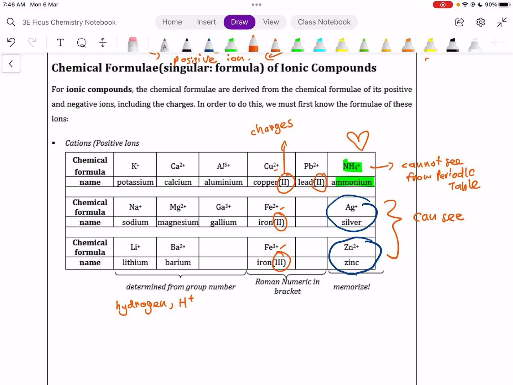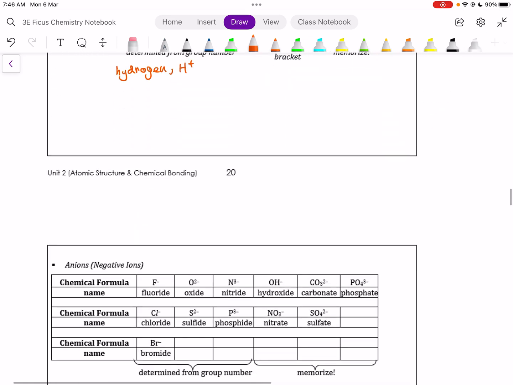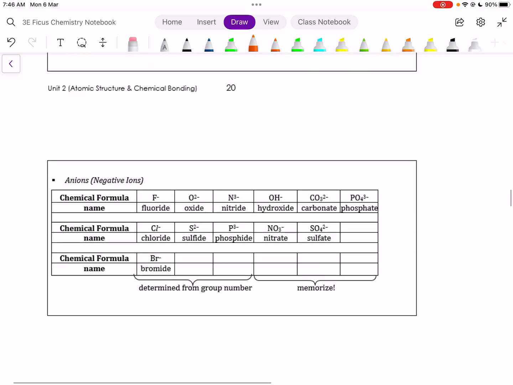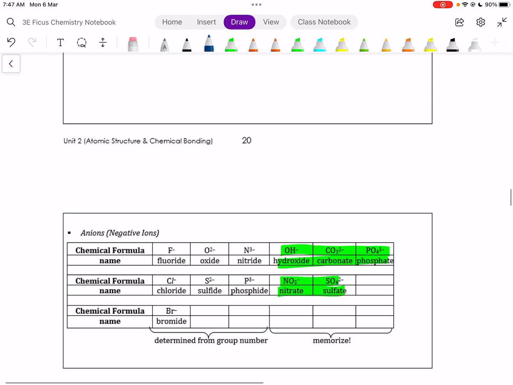Okay, so back to here. Alright, then we also have the negative ions. Negative ions, basically, there's a number of them. There's 5 of them, 5 polyatomic ions that you need to memorize. Just to take one example, which is your carbonate.